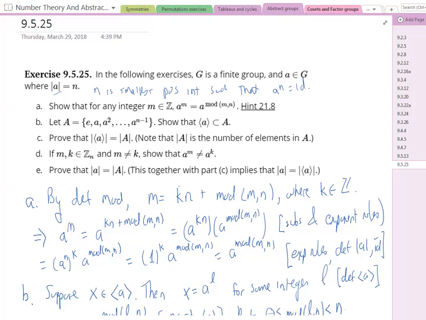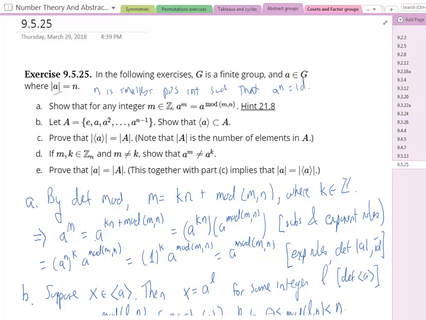That means that any integer m is a multiple of n plus a remainder, right? So by the definition of mod, m is equal to kn plus mod of m n. It's always going to be true for any integer m and any positive integer n. And here k is some integer, which could be positive or negative.